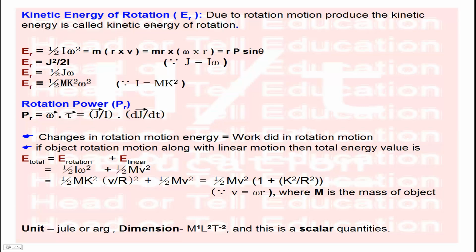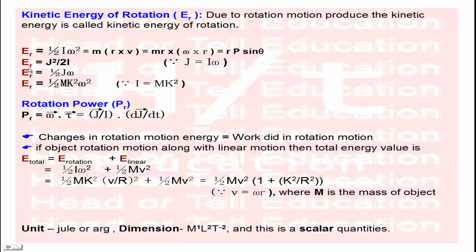Next is the kinetic energy of rotation, ER. If any object rotates, it generates kinetic energy. The definition: the kinetic energy produced due to rotational motion is called kinetic energy of rotation, meaning ER equals half I omega square, which equals M R V, equals M R cross omega R, equals R P sin theta.